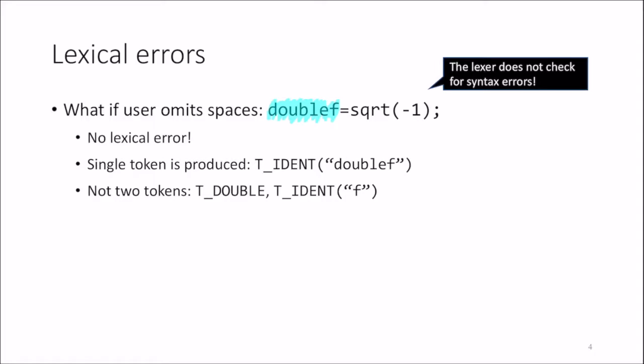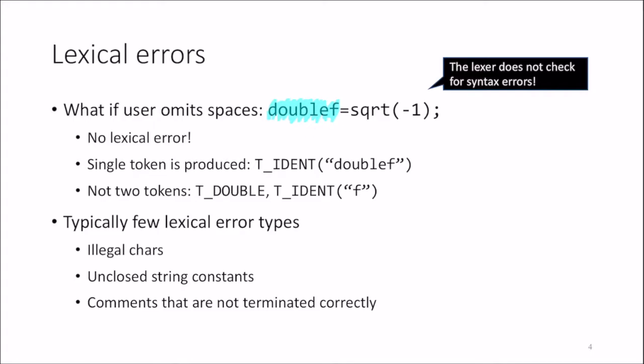So even if you have an identifier in a context where an identifier doesn't make any sense, the lexical analyzer's job is not to catch these kinds of syntax errors. That's the job of the future step in the pipeline, which is parsing or syntax analysis. There are very few error types typically. There might be illegal characters where it's not a valid input character.